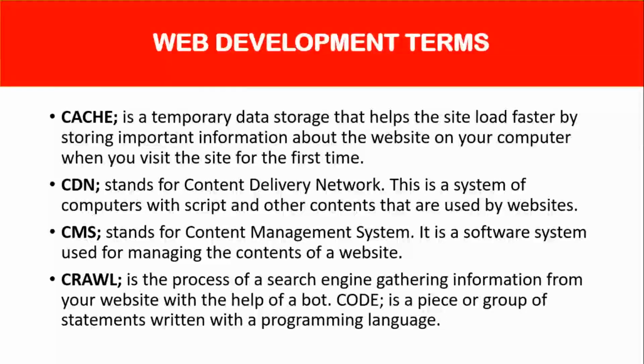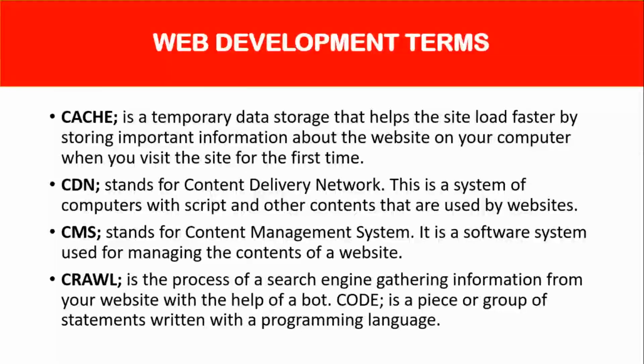All right. The next thing is a cache, or some people call it cache. A cache memory is a temporary data storage. It helps our site to load faster. What it does is it captures the information that we are frequently using on our website. So when you visit a website, it captures important information about that website and stores it on your computer, so that the next time you visit that website, it doesn't have to fetch those data again.